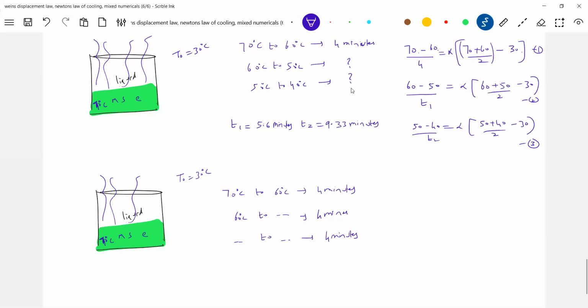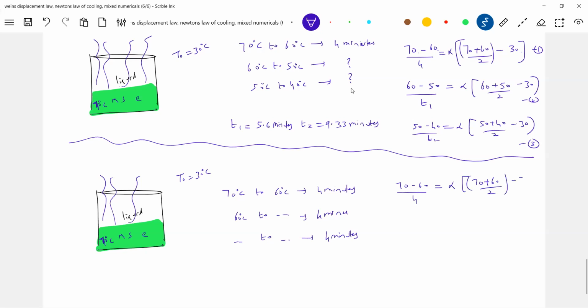The same body, that's the same condition. Okay, again, what should be the formula? 70 minus 60 by 4 equal to alpha average temperature difference. Next, what is the temperature it takes? We don't know. I'll call this theta1 or T1, anything.